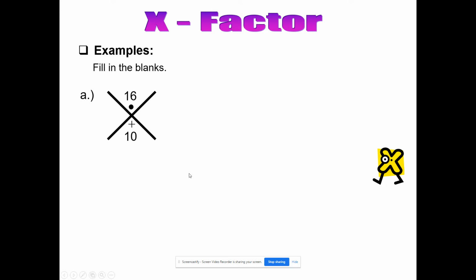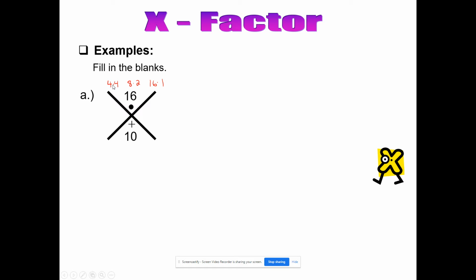Okay, let's look at 16. So we've got 16 and 10. So let's think of numbers that multiply to 16. There's a couple of them. So there's 4 and 4. There's 8 and 2. And there's 16 and 1. Now, can any of these numbers add or subtract to get to 10?